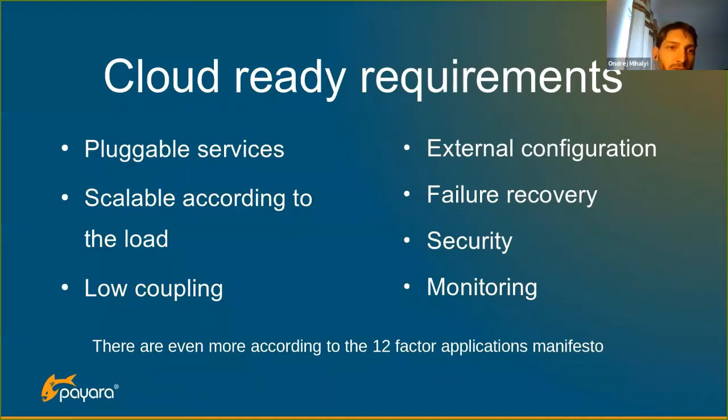So there are some of the most important things I will focus on in this presentation, on these slides. There are more of them described in the 12-factor manifesto, which also include things like continuous integration and delivery.